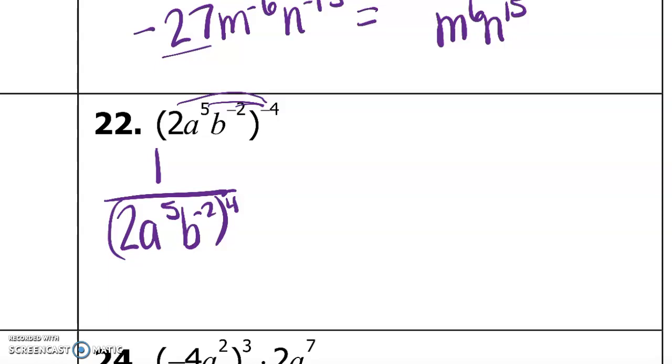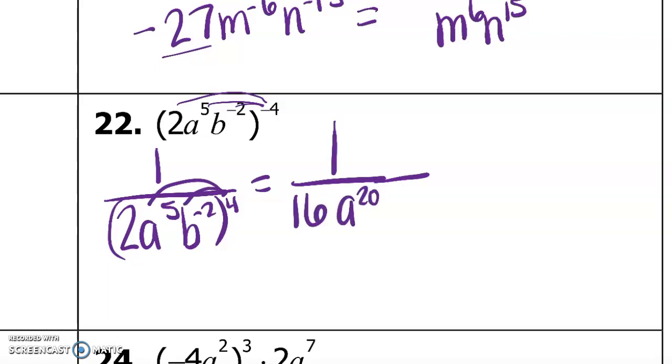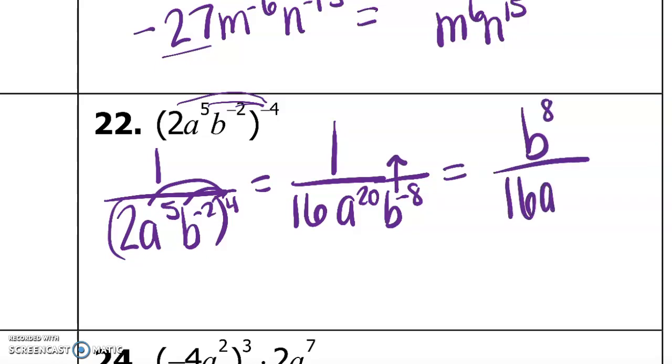So I recommend putting it down like that, or if you do 2 to the negative 4th, as long as you get it as a fraction, you can do that. So 1 over 2 to the 4th is 16, a to the 20th, b to the negative 8th. So if a negative exponent's on the bottom, now it needs to move to the top. So b to the 8th over 16a to the 20th.